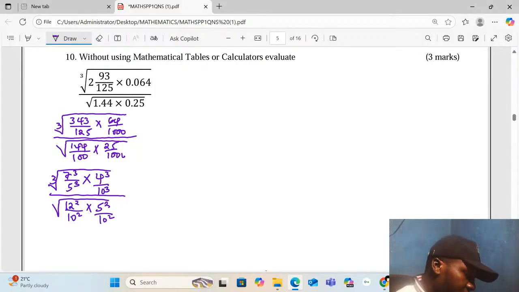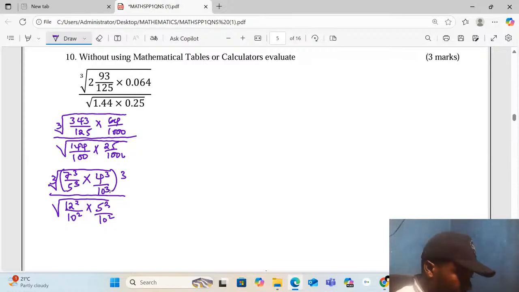Having this cube root sign means you find the cube root of each. That means the power of each is going to cancel out. The cube root sign is going to cancel with the cube itself, so each is cubed that way.